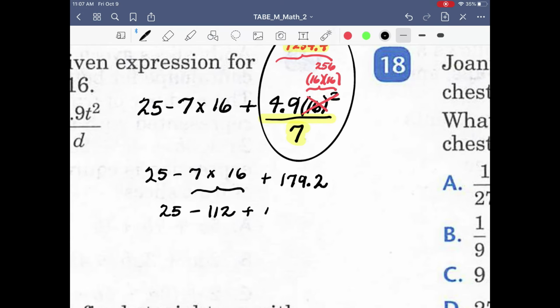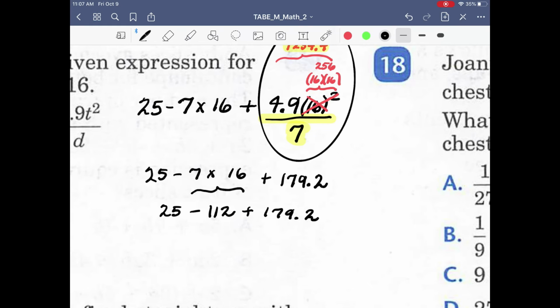This is a pretty advanced problem. And once you get it down to adding and subtracting, type it in your calculator. All clear. 25 subtract 112, add. Let me start over. I'm getting myself confused.